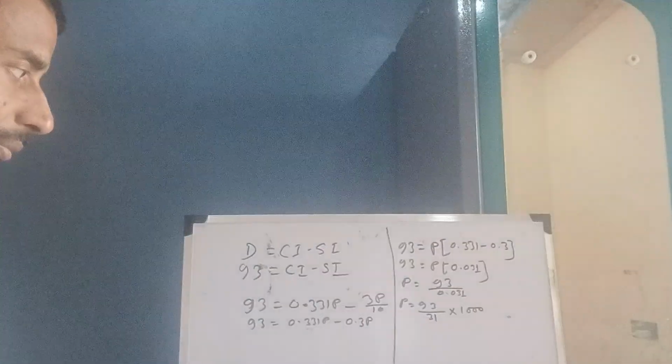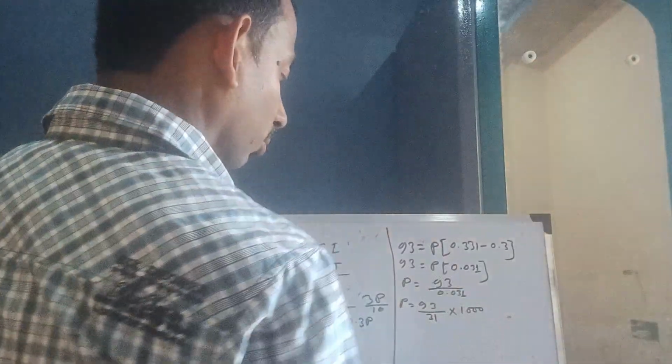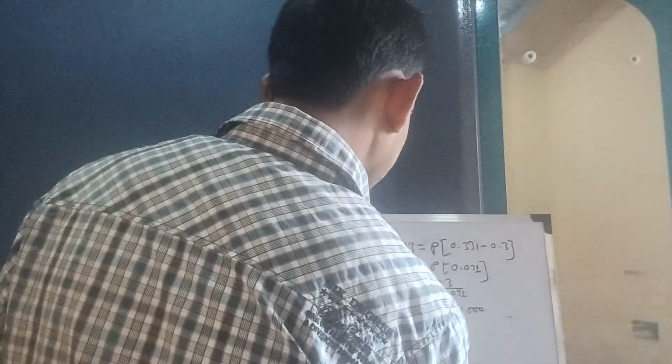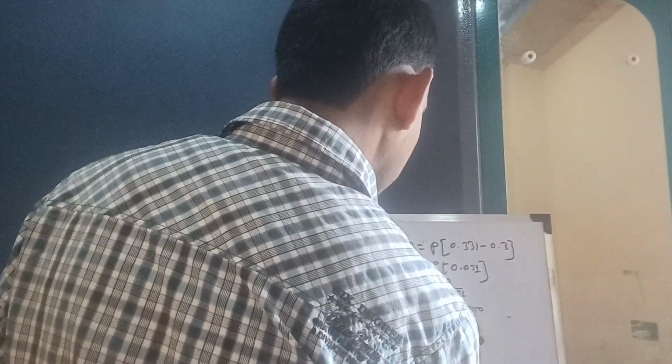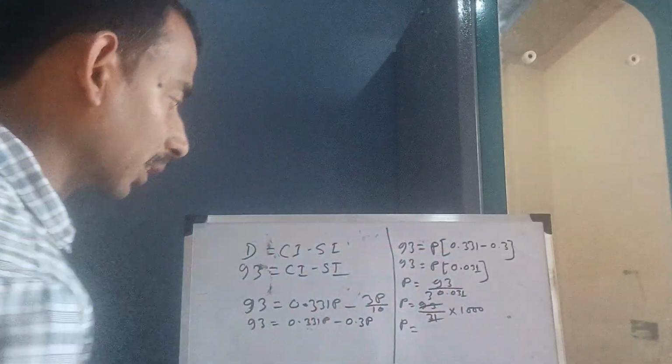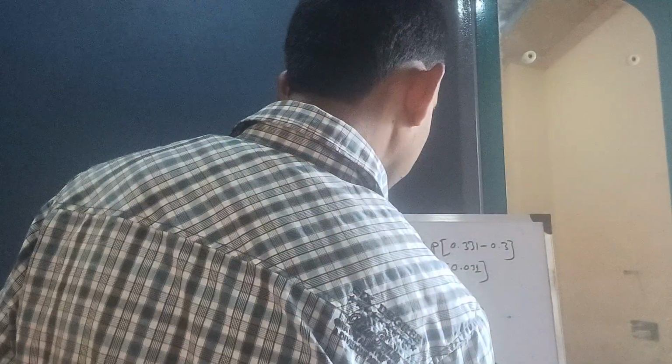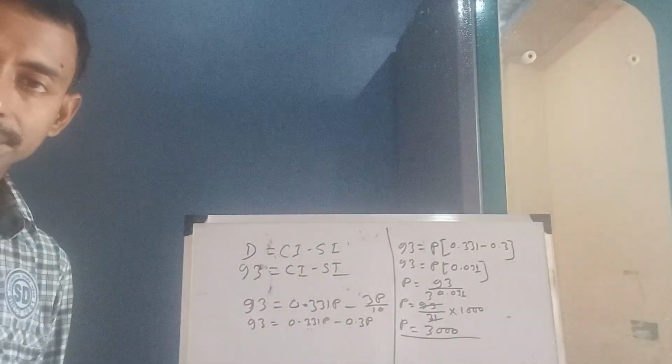This is the value of P. From here, we can find P equals 93 by 31 into 1000. Whatever the value, 331 cancels with 93, that is P equals 3000. This is the answer. Okay.